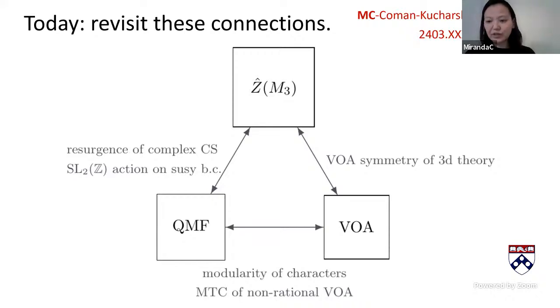So yeah, now let's move on to the second part of the talk, where, in this paper, which I hope to post this week, it's been a long journey, we will revisit these questions and revisit these connections that we proposed just a few years ago.